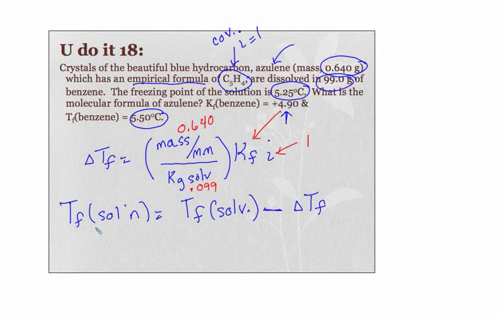Tf of the solution was 5.25, and of the pure solvent was 5.5. So we are first going to solve for this. If we plug that in, we get 0.25.